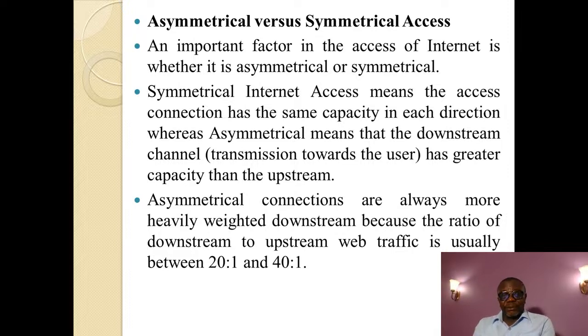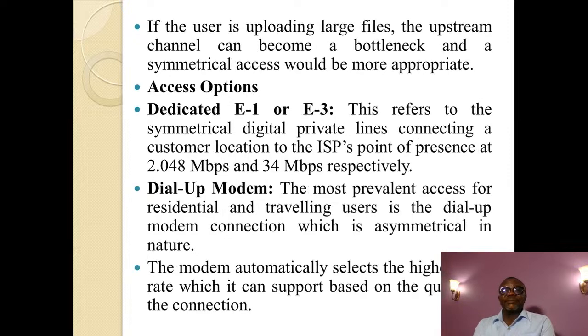So for the asymmetrical connections, they are always more heavily weighted downstream because the ratio of downstream to upstream web traffic is usually between 20:1, and in some cases even up to 40:1. So if the user is uploading large files, the upstream channel can become a bottleneck, and a symmetrical access would be more appropriate.